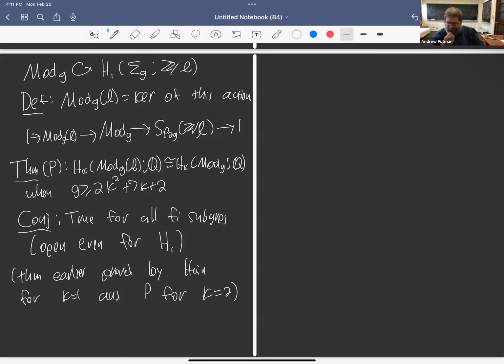Hain did that using the homology of the Torelli group, but there hasn't been that much progress in the homology of the Torelli group in the last 10 years or so, and it's definitely not enough to prove this theorem.